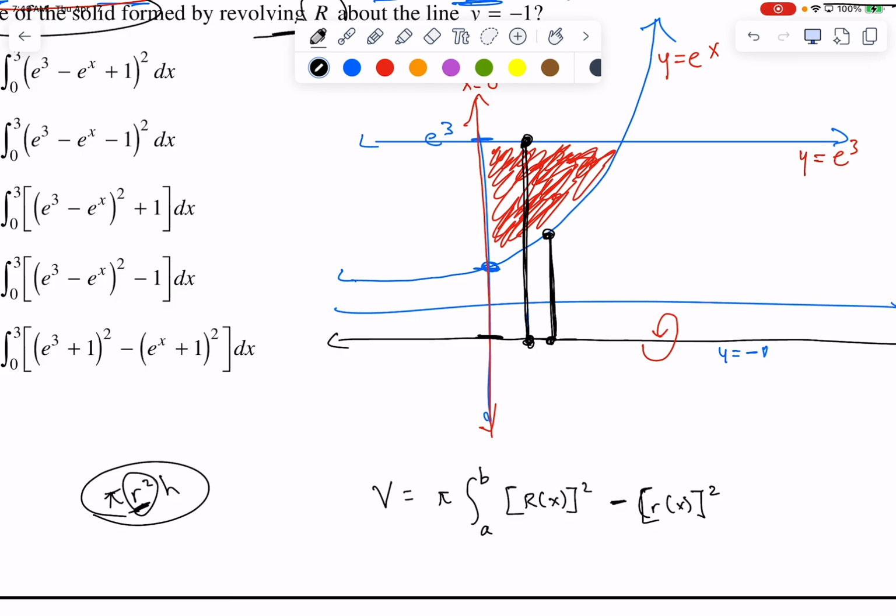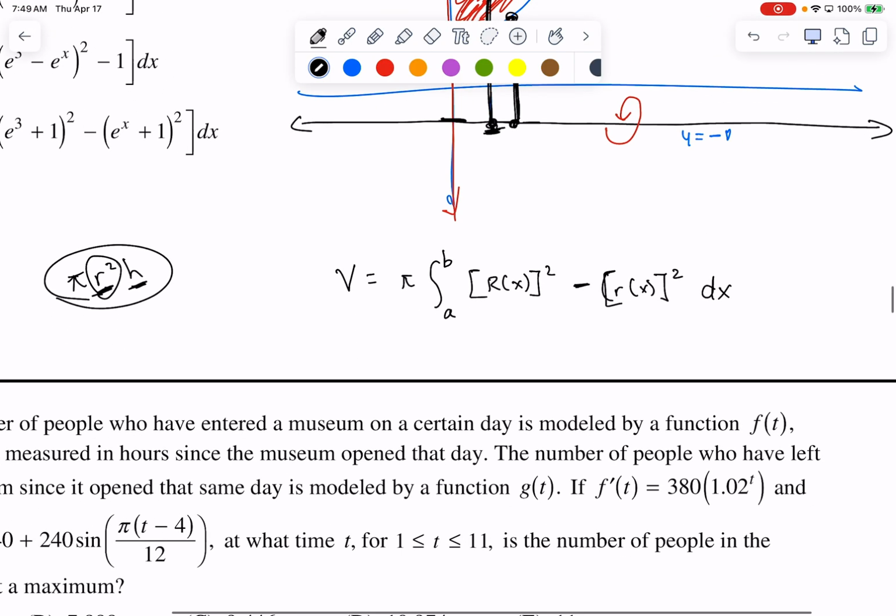People ask, what about the h? The h ends up being the width of these infinite number of rectangles that you rotate, which we always call dx. If you get an infinite number of rectangles, you get an infinite number of cylinders, which fills in the volume. So this is where this comes from. I'm going to teach it to you next Wednesday, so don't freak out.